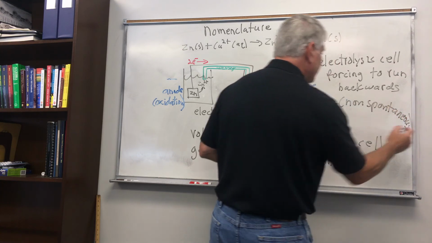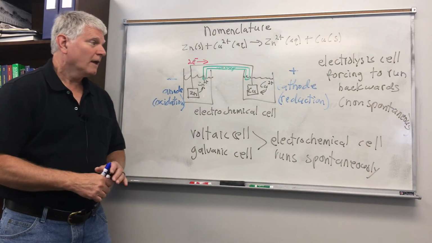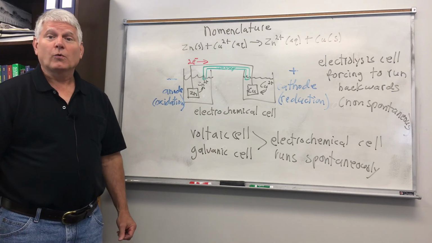So an electrolysis cell is running in the non-spontaneous direction because we're forcing it to.